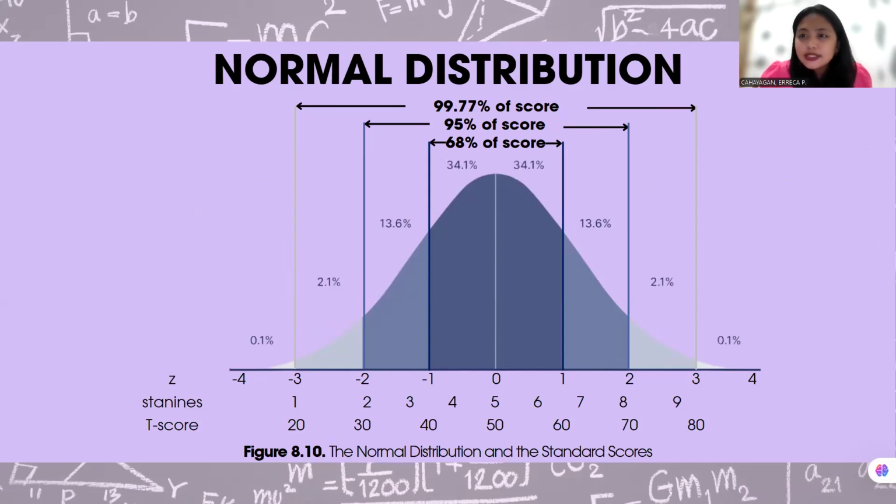If you use a stanine score, your score did not even fall into the 99.77% of the scores. It's on the other side of it. But in English, you got 2 and 70, which falls into the 95% of the scores, which is higher than the average score of 68 percent because it is in the positive area.